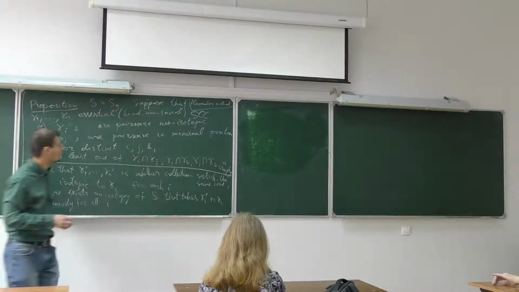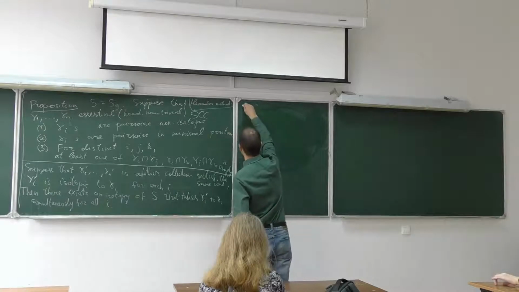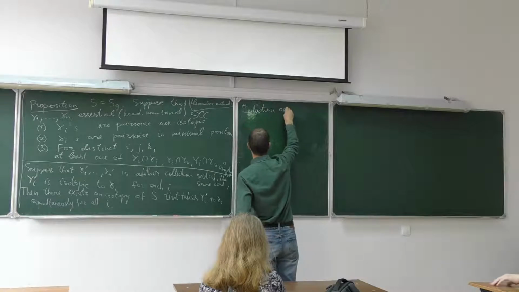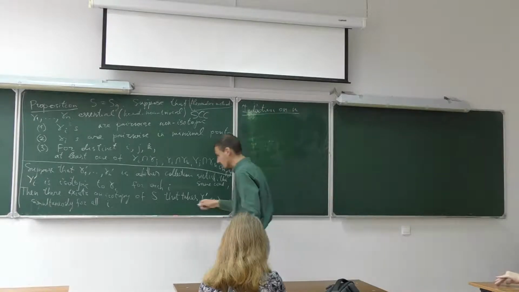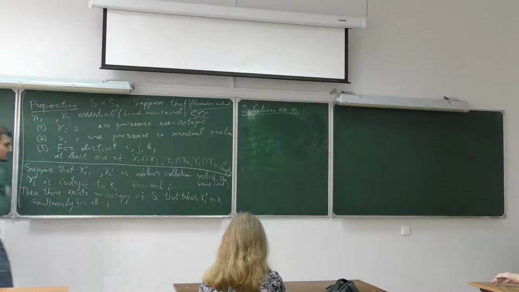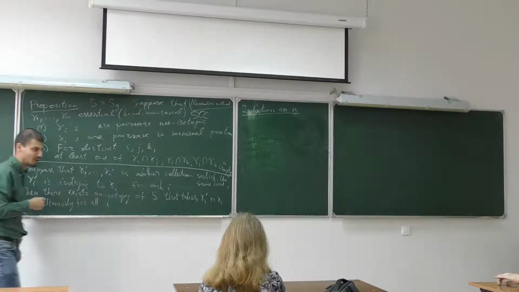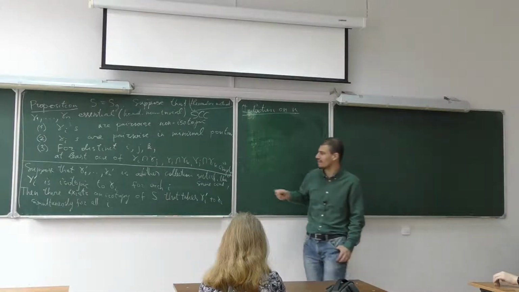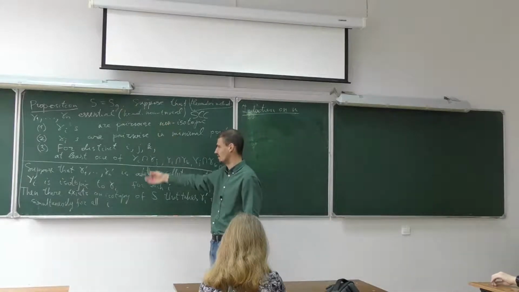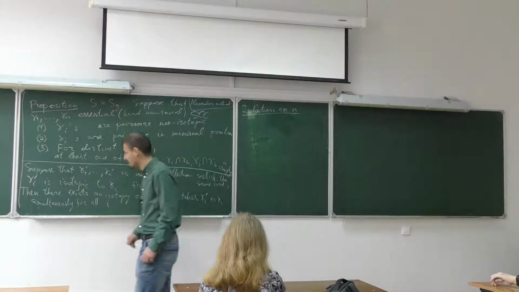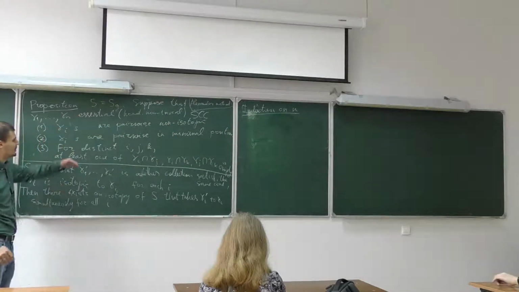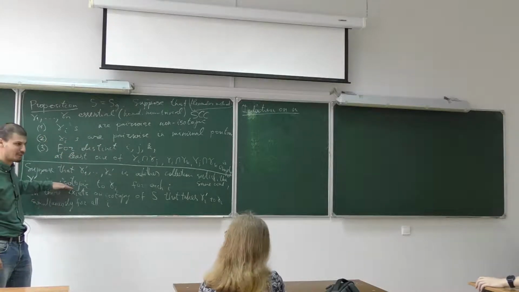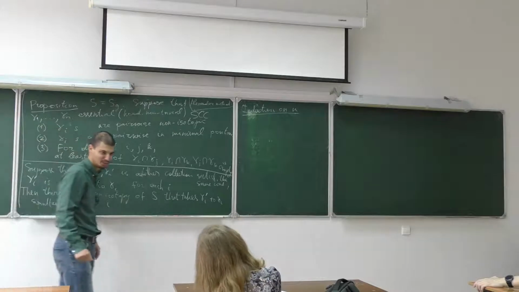Okay, so the proof of this proposition is by induction on the number of curves, so induction on n. The base is trivial: for n equals 0 we have nothing to prove. For n equals 1 the base is also obvious, since our condition that gamma 1 is isotopic to gamma 1 prime is exactly what we need to prove.